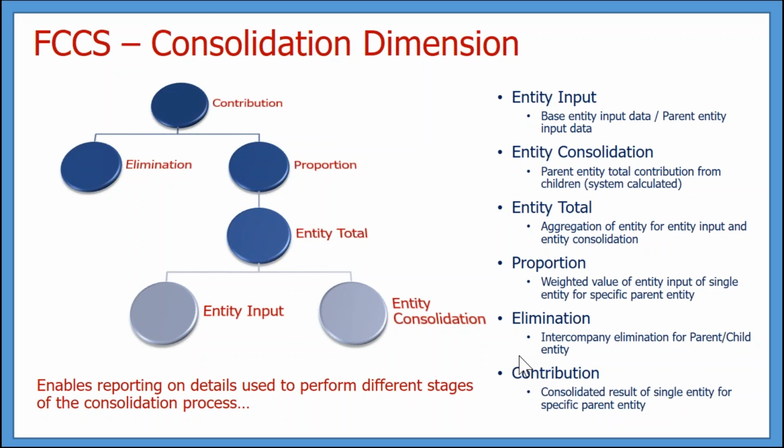Now, why is this important, and why am I talking about that? Well, because FCCS has built into it this natural approach for consolidations. And you may be thinking to yourself, maybe there's an 80-20 rule where I only do 80% of what's being described on this slide. That's fine, because FCCS can handle the other 20%. That would not necessarily be handled out of the box. It might be a customization.